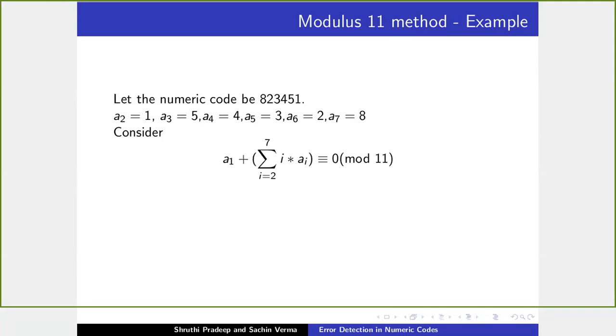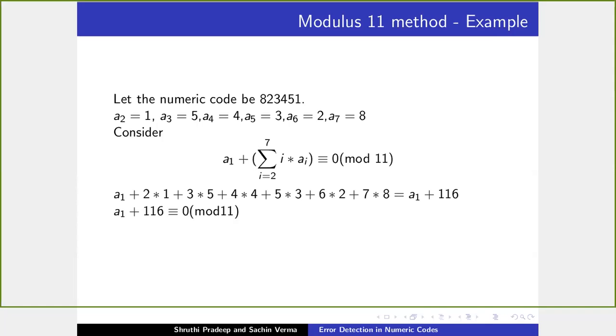Let's find what the check digit is here. You get a1 plus 116, so which tells you that your a1 should be 5, giving you 129. So the numeric code that would be printed on the products would be 82345515.